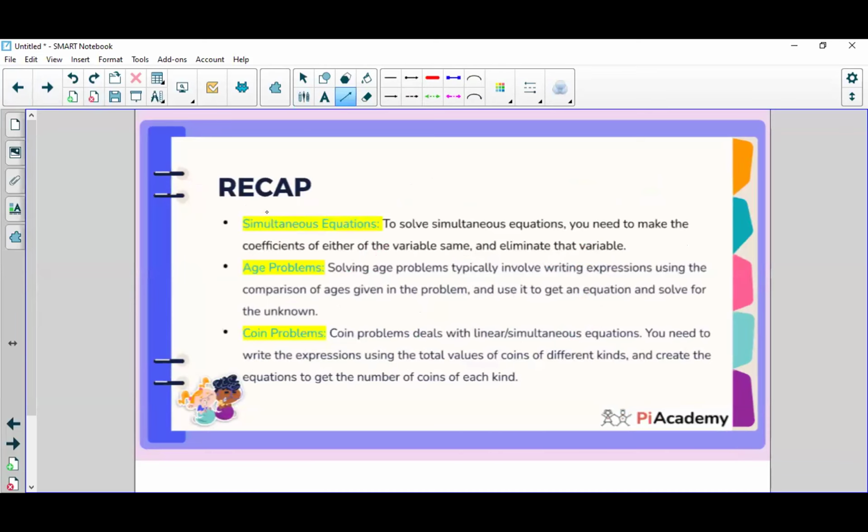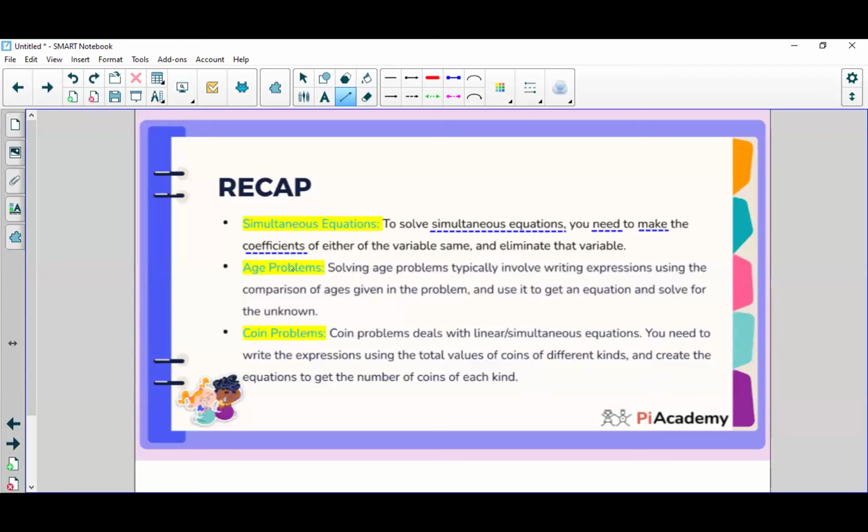So what are simultaneous equations, guys? To solve simultaneous equations, first of all, you need to make the coefficients of either of the variables the same, as we have studied. Whenever you are eliminating the variables, what is the strategy behind that?